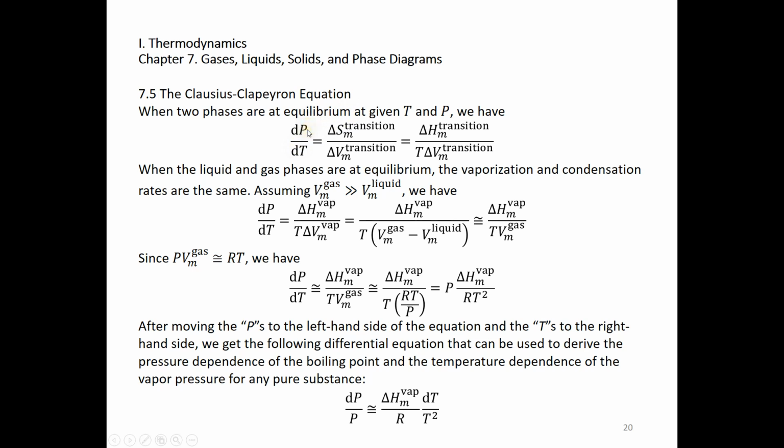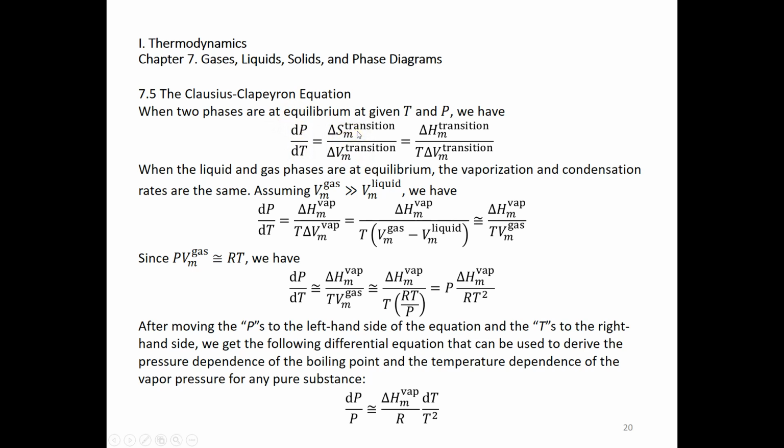Let's say we have phase alpha and phase beta. So at P and T, these two phases have the same molar Gibbs energy. At P plus dP and T plus dT, these two phases still are at equilibrium, just a different equilibrium. And from that, we can derive this equation. dP over dT is the molar entropy change over the molar volume change.